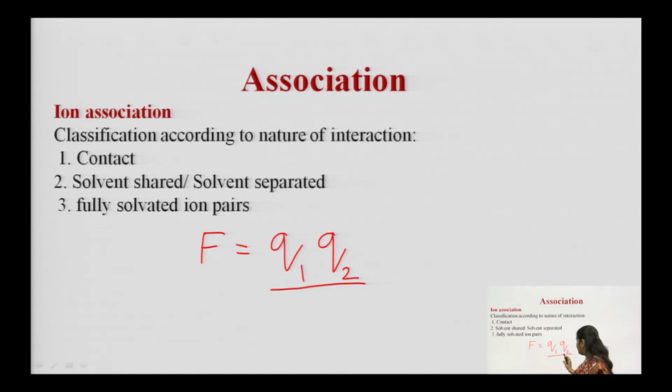It is the product of the charges of the two ions divided by the dielectric constant multiplied by the distance between the two ions. And this Coulomb's law and ion association can be characterized by vibrational spectroscopy. We can use vibrational spectroscopy to characterize this and to find out the forces between these ion associations.